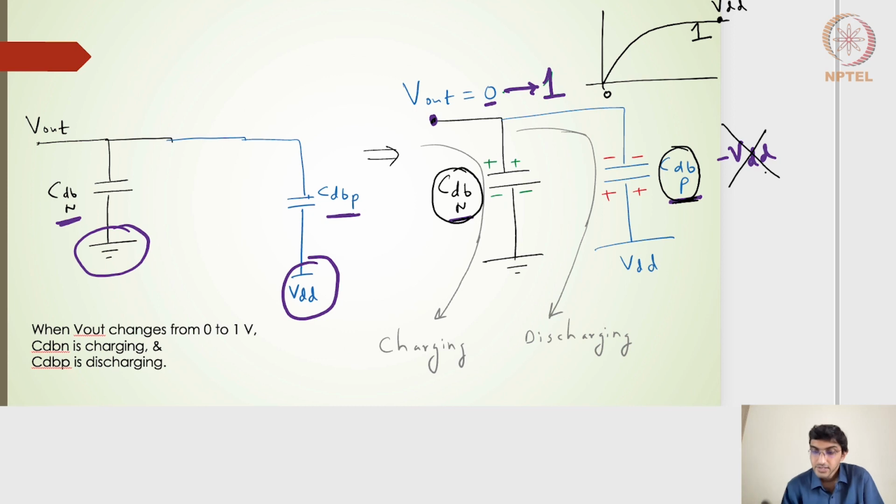So the voltage across the CDB of the PMOS, the drain to body capacitance, should be 0 volts. What it really means is that this capacitance is discharging. The NMOS drain to body capacitance is charging, and the PMOS drain to body capacitance is discharging. So that's what is happening.